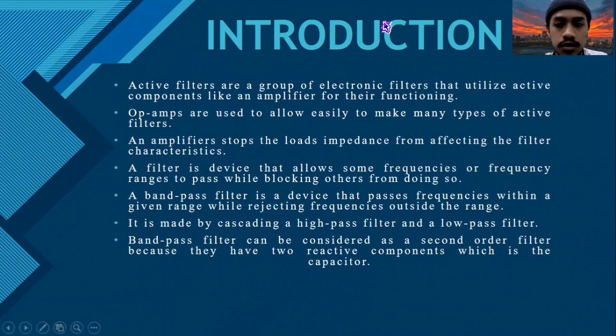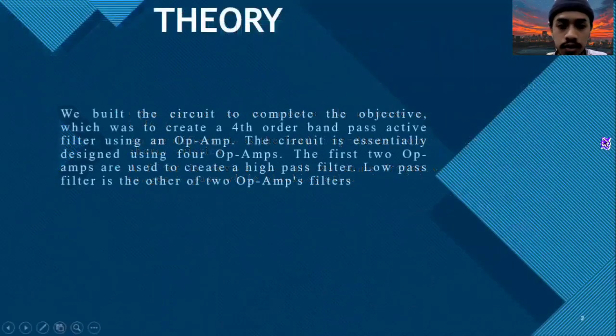As for the theory, we built the circuit to complete the objective, which was to create a fourth order bandpass active filter using an op-amp. The circuit is designed using four op-amps. The first two op-amps are used to create a high-pass filter, and the other two op-amps make the low-pass filter.